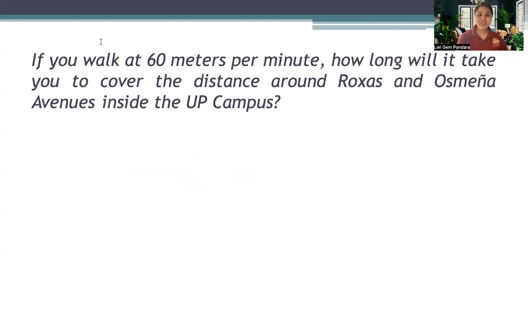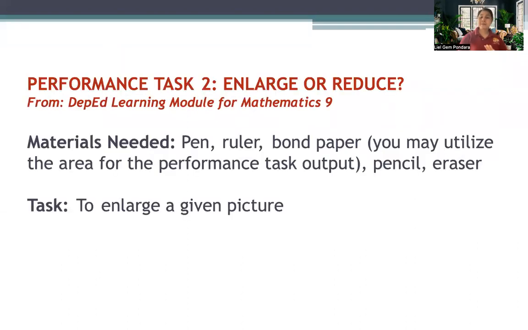Now let me share to you PT number 2. In PT number 2, we are going to enlarge or reduce an object. If you say enlarge, it means you need to make it bigger. If you say reduce, you need to make it smaller. So what materials do you need for this performance task?